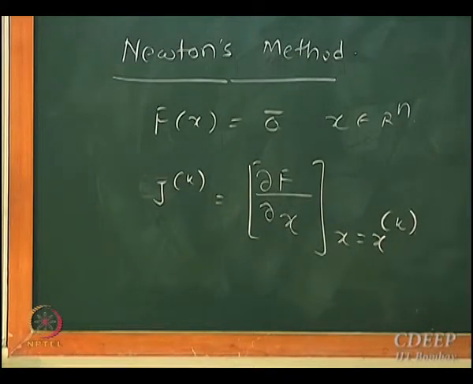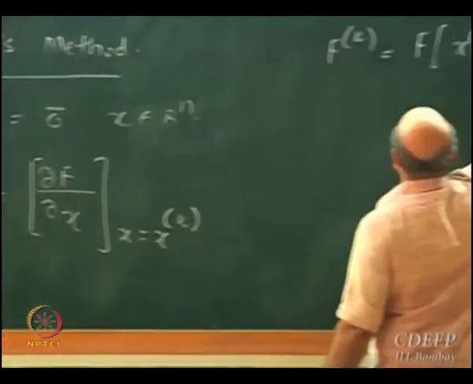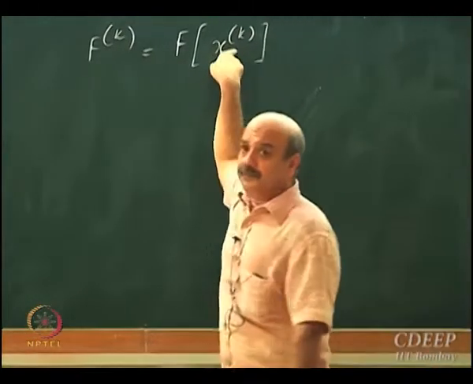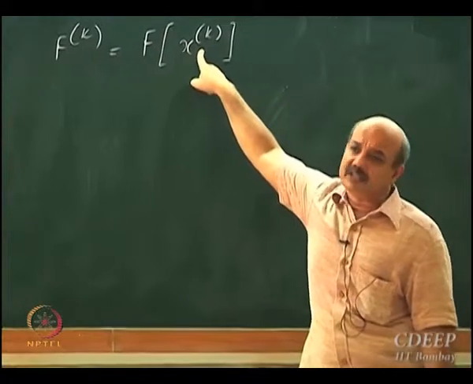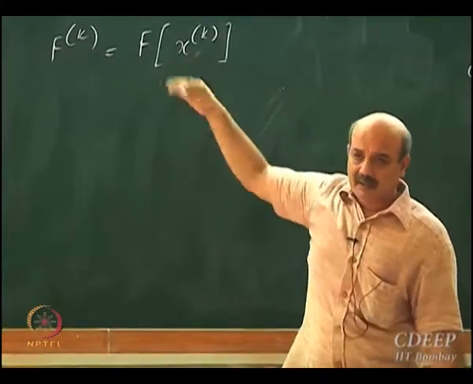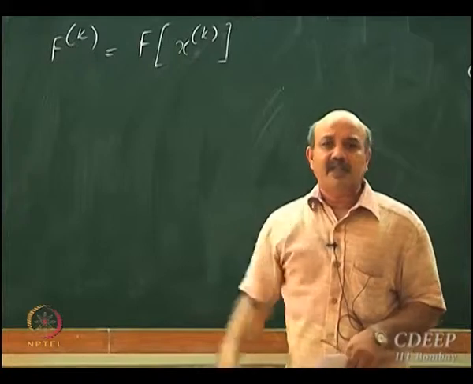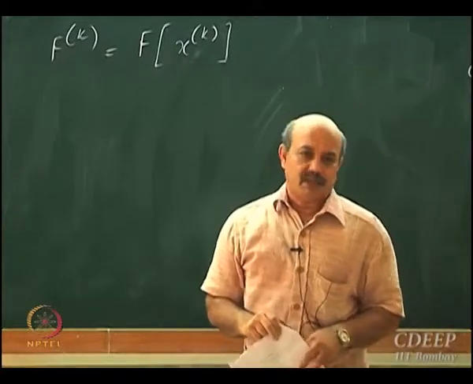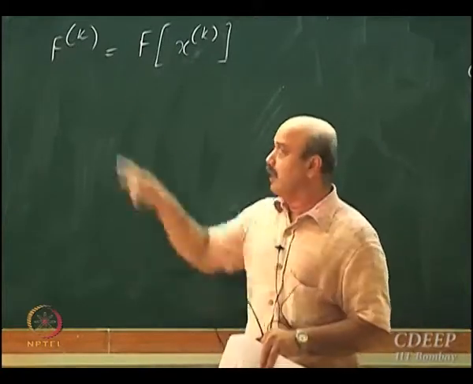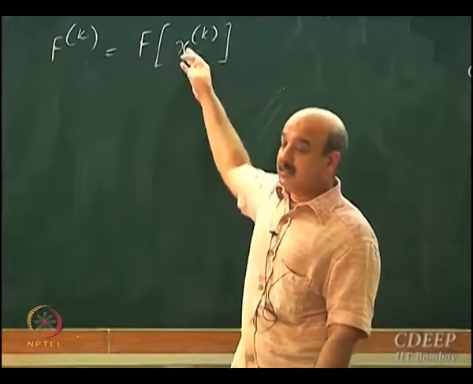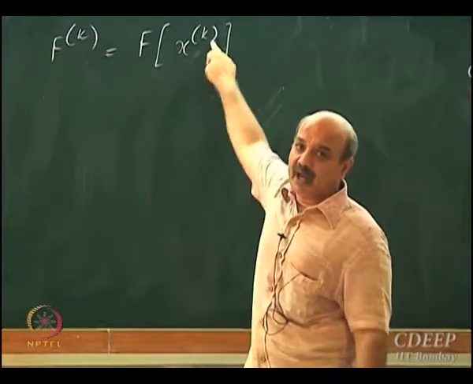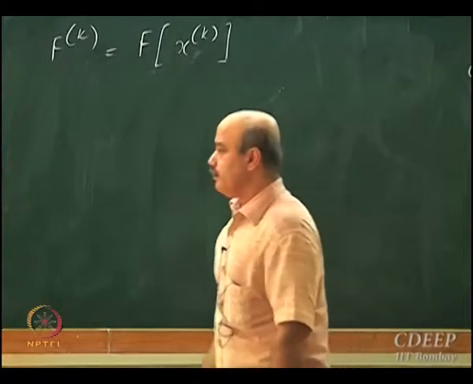This is function vector f evaluated at xk, okay. I am just introducing this notation so that my subsequent derivations become simpler in notation. Just remember that f superscript k is nothing but function f evaluated at xk, okay.